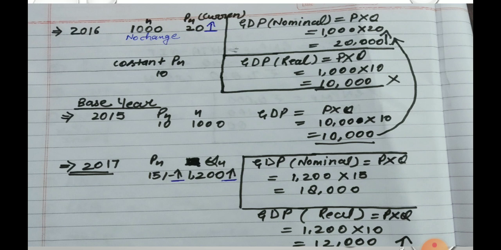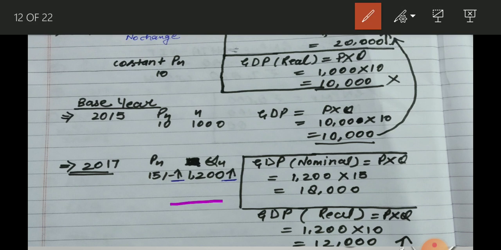So in 2017 real GDP has increased. Why? Because production has increased from 1,000 to 1,200. That is why there is an increase in real GDP. But real GDP is the same in 2015 and in 2016.